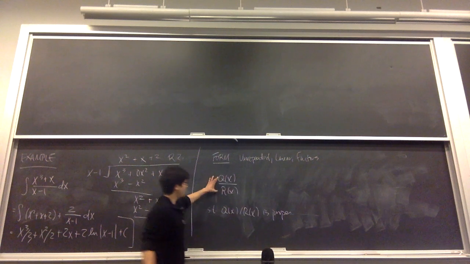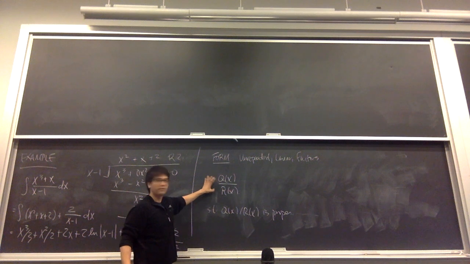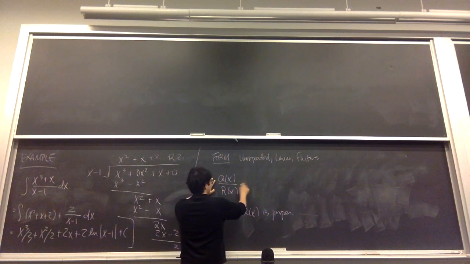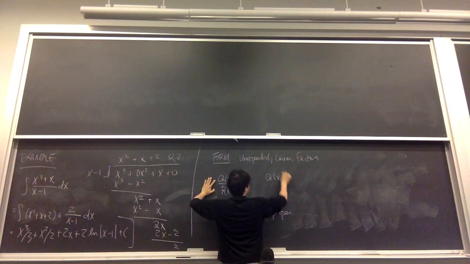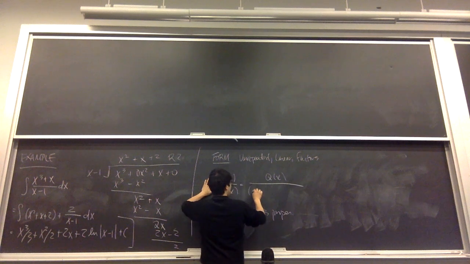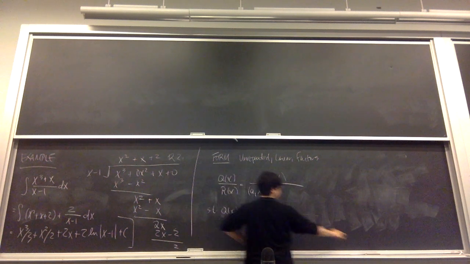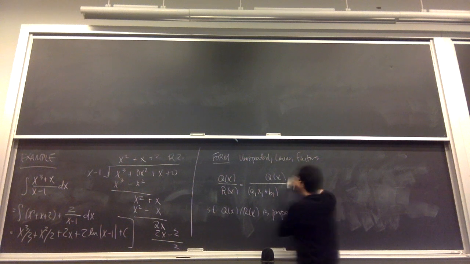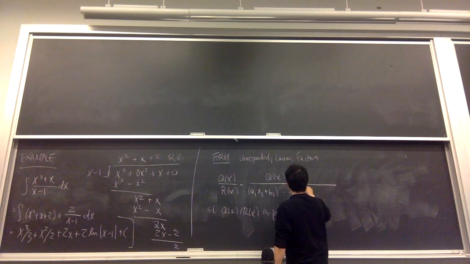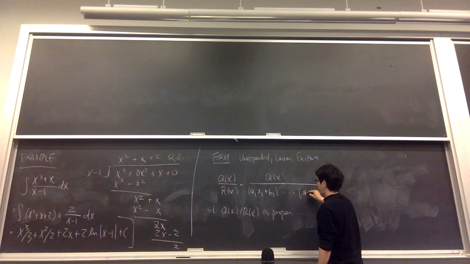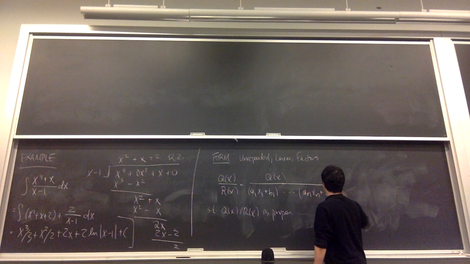Okay, so if you're given a proper polynomial fraction and r of x has this form, a1 x plus b1, all the way through an x plus bn.